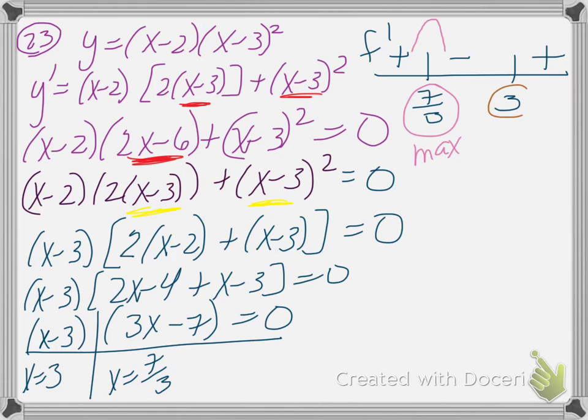For x equals 3, the function was decreasing and then it was increasing, so there has to be a min. So the question was asking what value has a relative max, and it's going to be right here when x equals 7 over 3, and therefore the answer was D. Okay, that finishes that sheet.